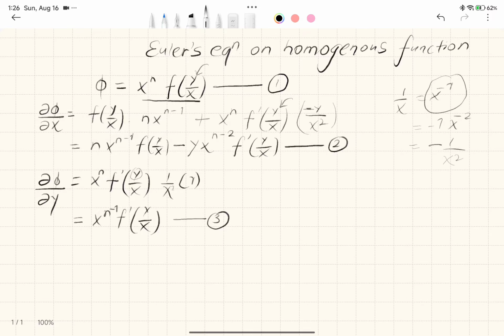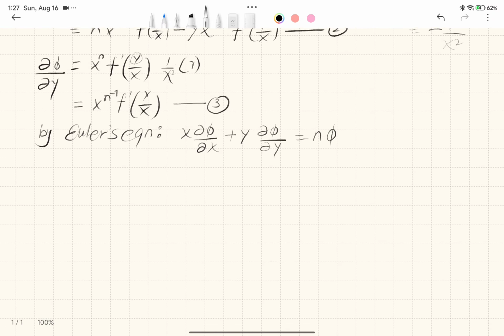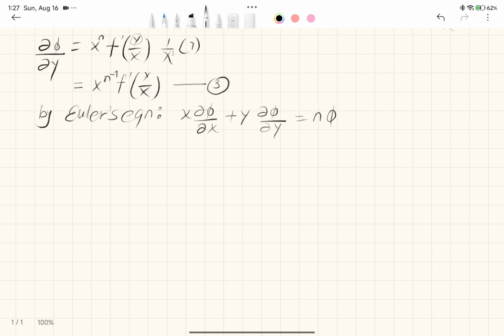By Euler's equation, what is Euler's equation? We know x partial phi over partial x plus y partial phi over partial y equals n times phi. That's Euler's equation. So let's do the left-hand side: x partial phi over partial x plus y partial phi over partial y.